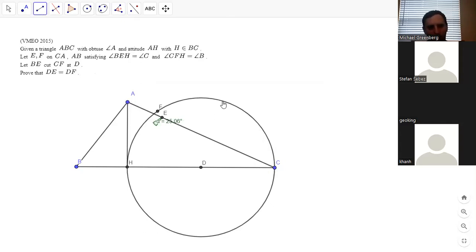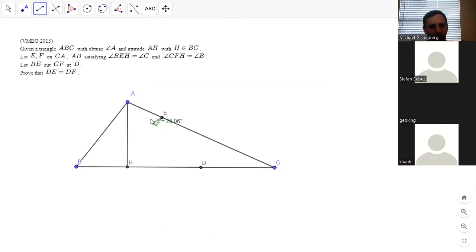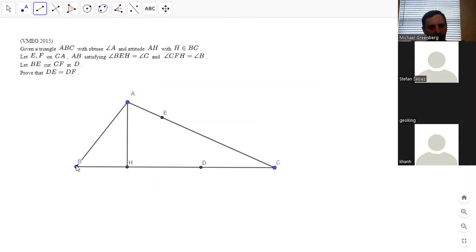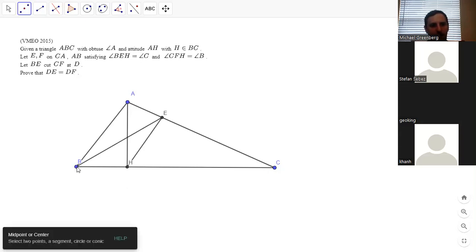Okay. All right. So BEH is angle C, and then I'm going to do the same thing on the other side. So let's draw the midpoint of BH.